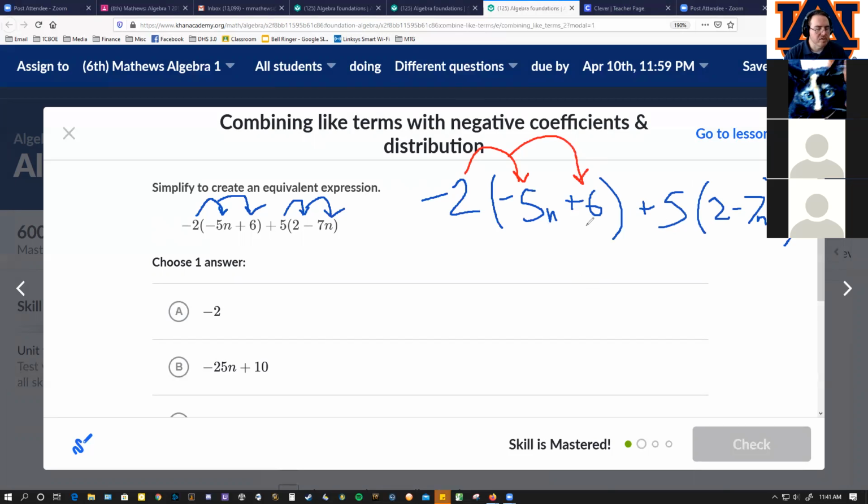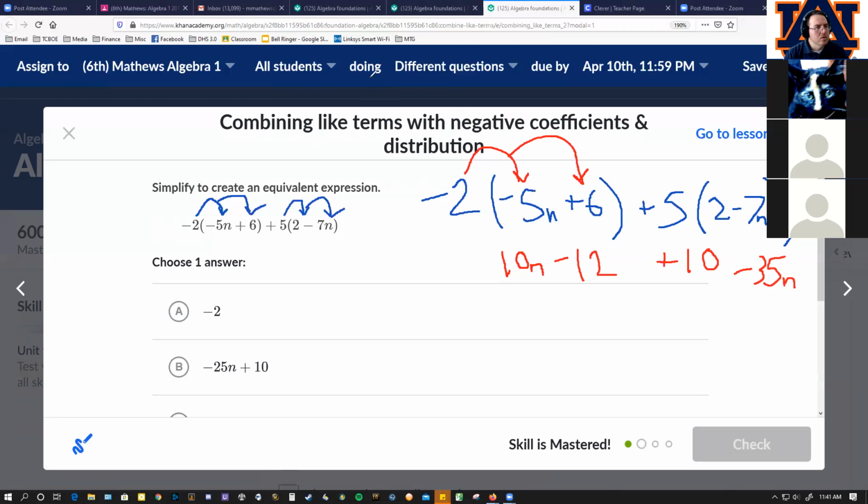That's a binomial because they're separated. So -2 times -5, negative times negative, would be 10n. -2 times a positive 6 would be minus 12. Positive 5 times positive 2, so we're adding 10. Positive 5 times a negative 7n would be negative 35n. Whoop, that's a 5. Minus 35n.